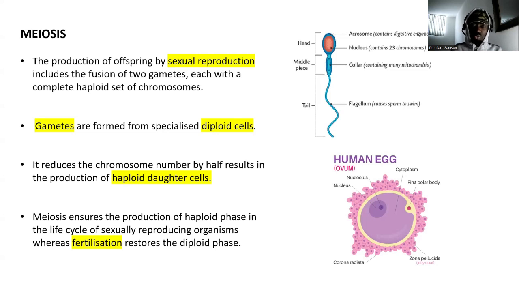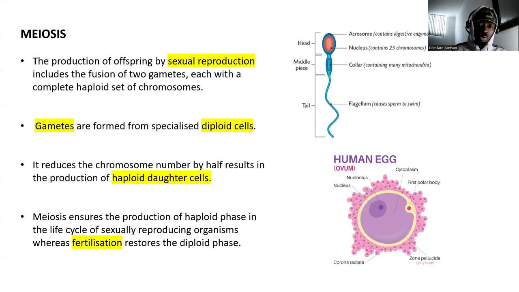So two sets of haploid give you diploid, meaning 23 plus 23 will give you what? 46. That is in human beings, for example. I'm using that because not all organisms have the same. All organisms have different chromosomal numbers. When we get there, we'll talk more about that. So let's go straight to where we are going here.